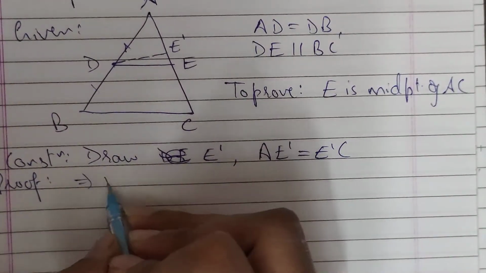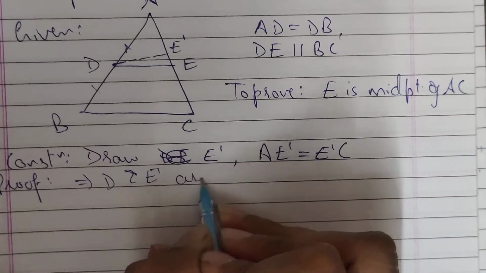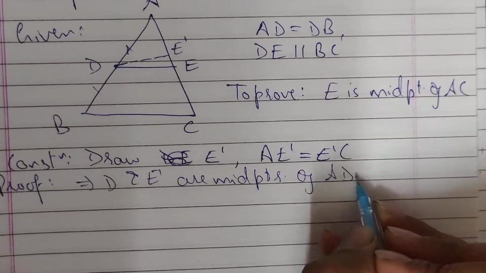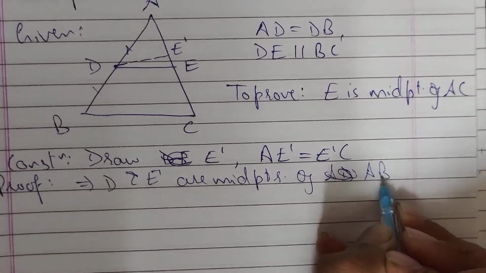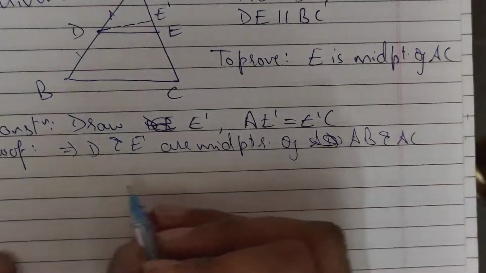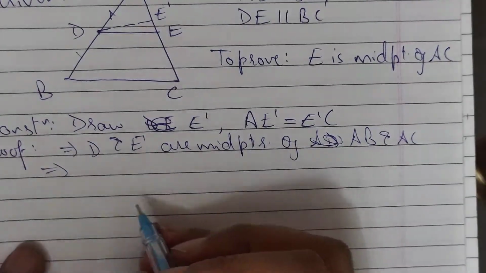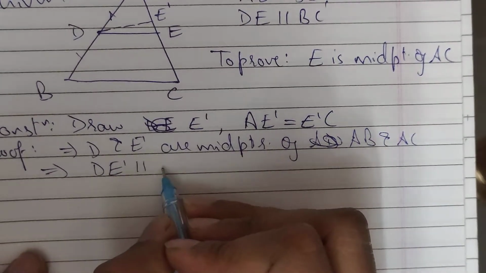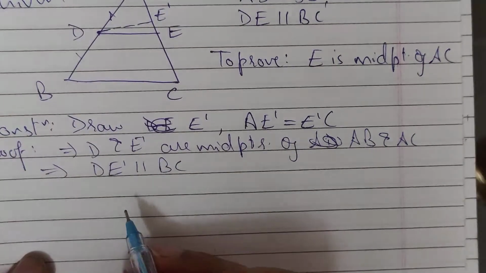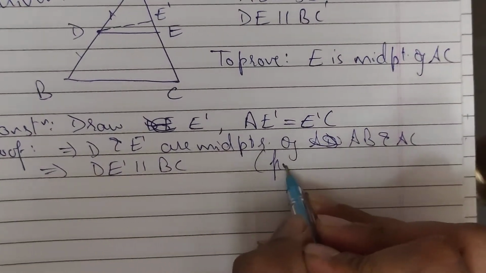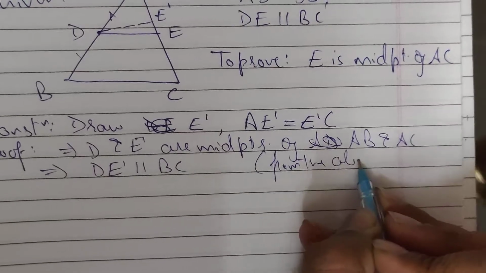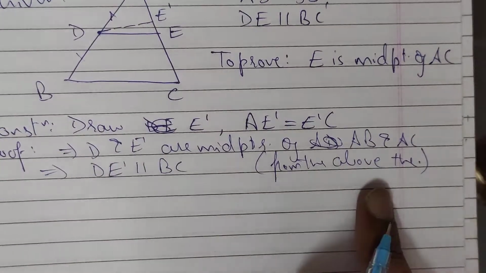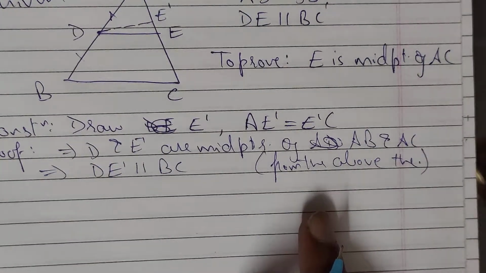So D and E dash are midpoints of AB and AC. This implies that DE dash is parallel to BC, from the previous theorem: the line segment joining the midpoints of two sides of a triangle is parallel to the third side.